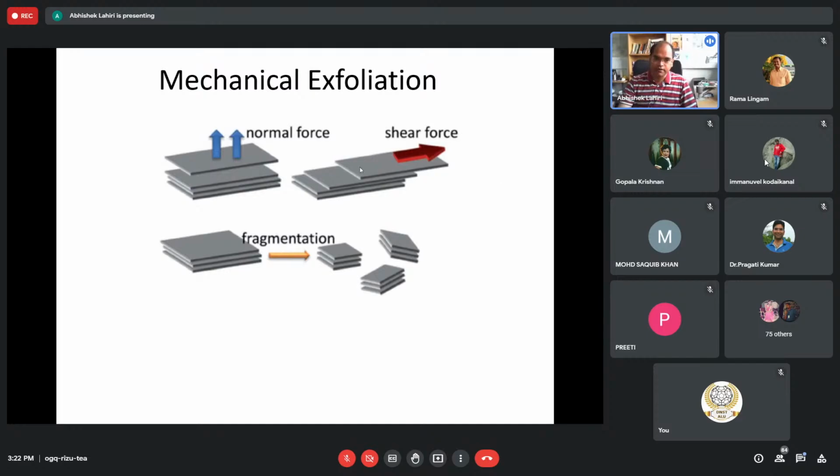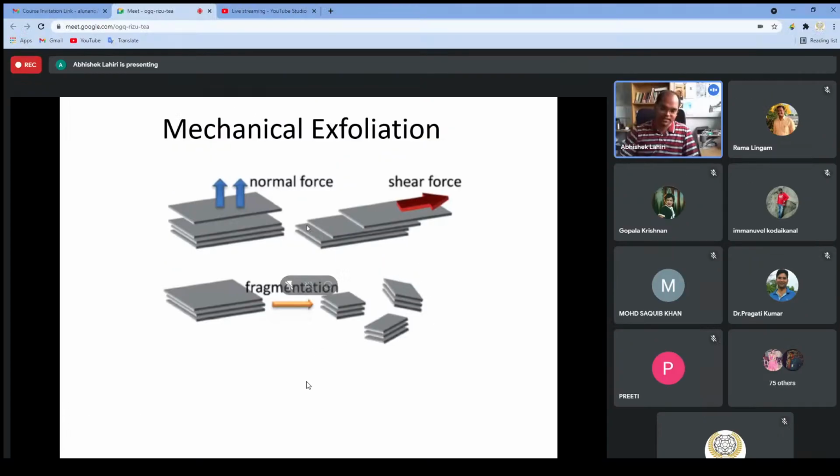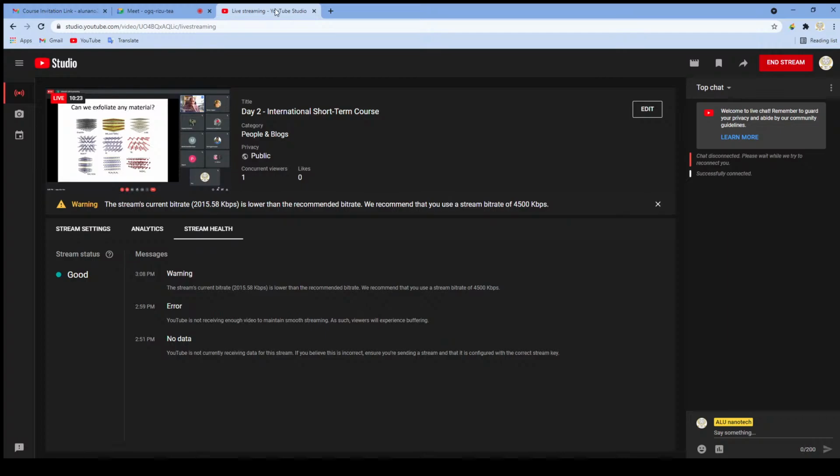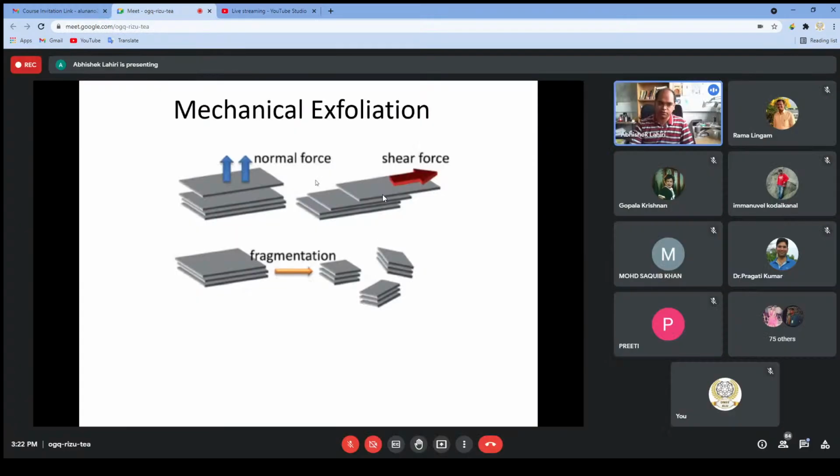So there are only two ways to remove one layer from the other: the normal force, the shear force, or a combination of the two.